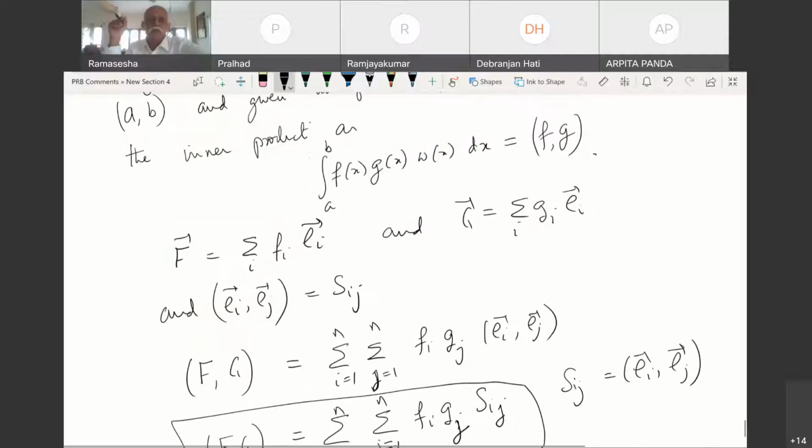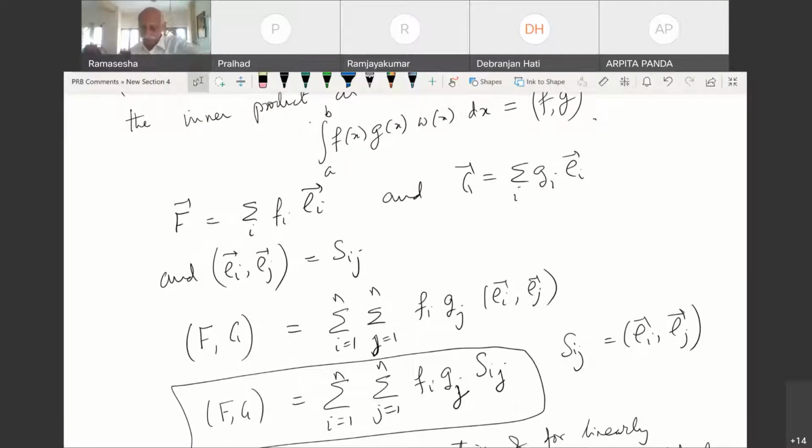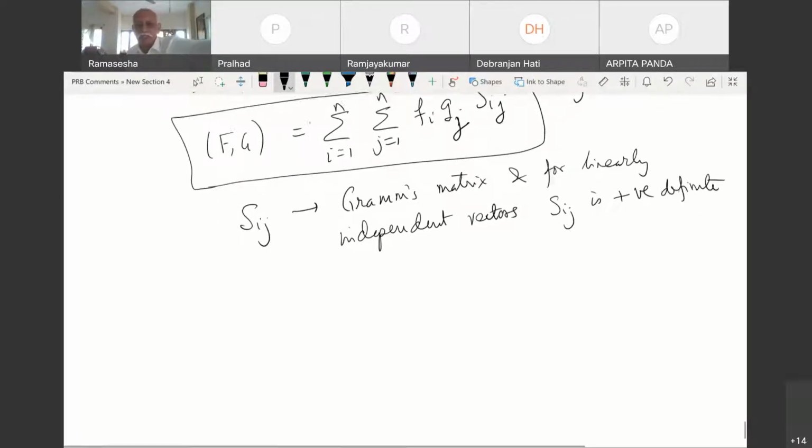Okay, so what I'm trying to say is that now look at the analogy between this definition of inner product that I have given you here for functions versus the definition of inner product where the vectors are expressed in terms of non-orthogonal but linearly independent basis vectors. You see that w(x) basically is playing the role of S_ij. Okay, so that's where the weight function comes into the picture.